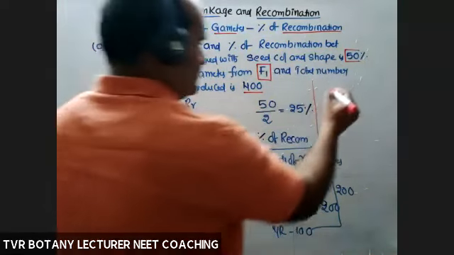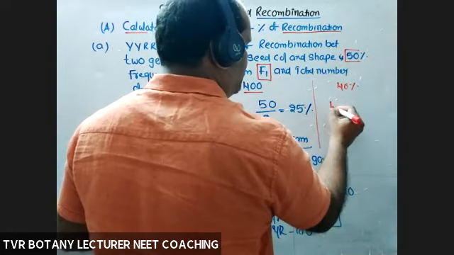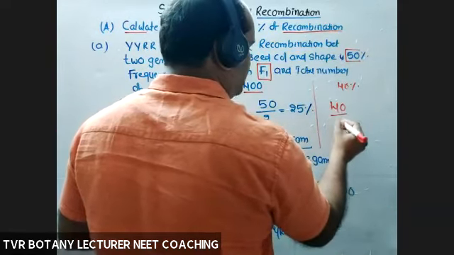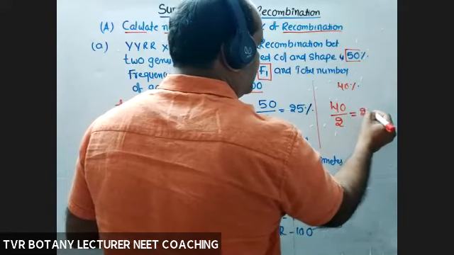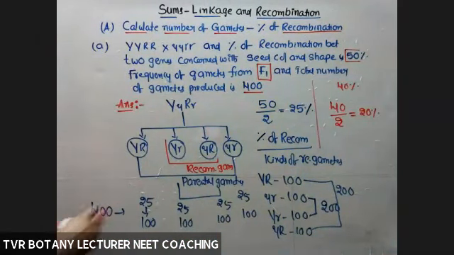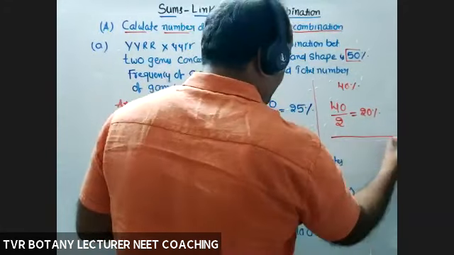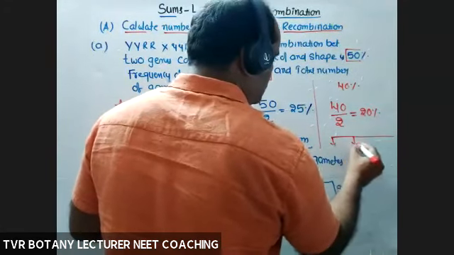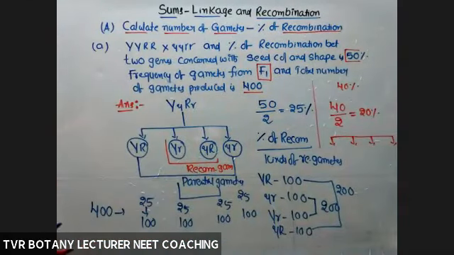If it is 40% recombination, simply divide 40% by 2. So the percentage is 20%. Now, what about the percentage of individual gametes? There are 4 kinds of gametes.